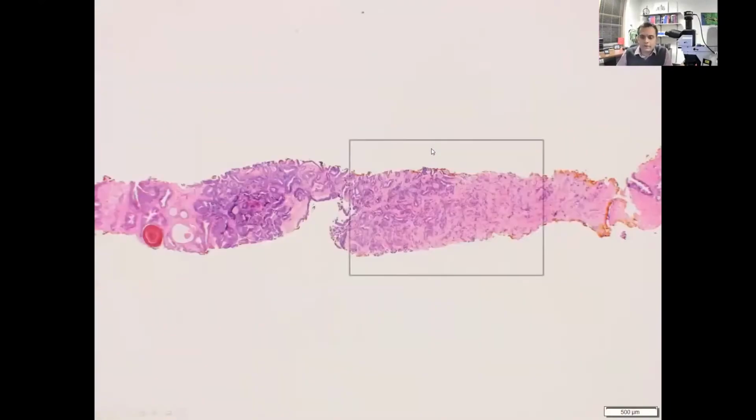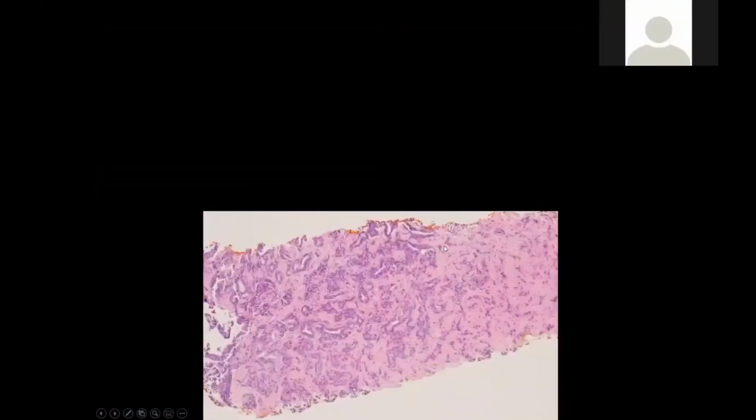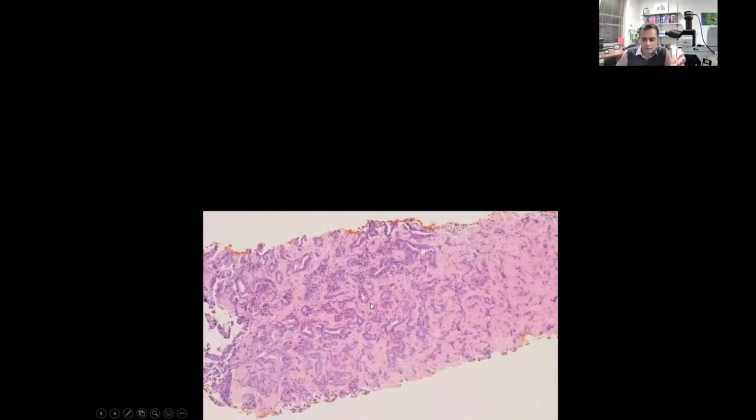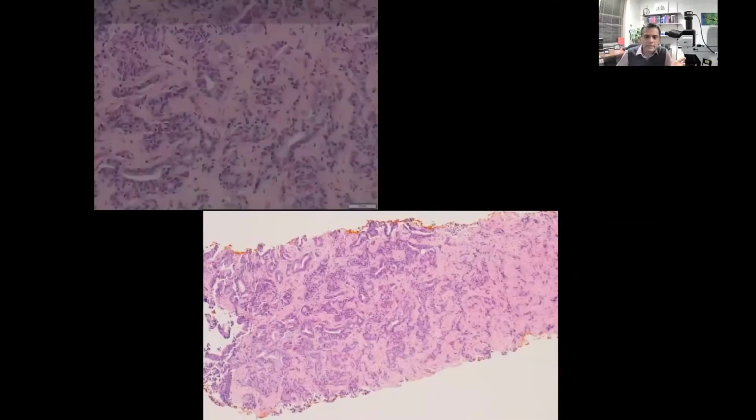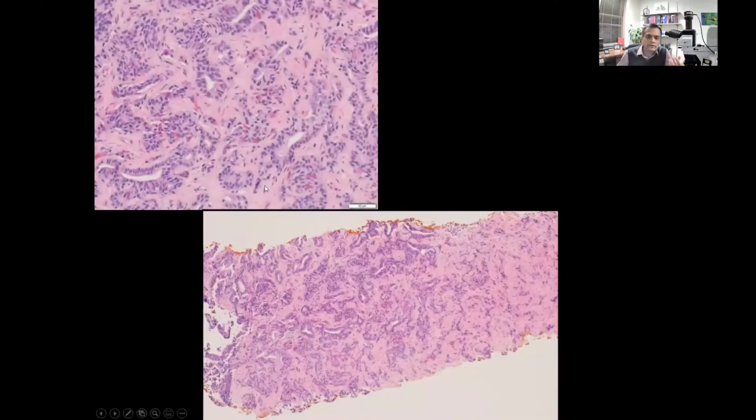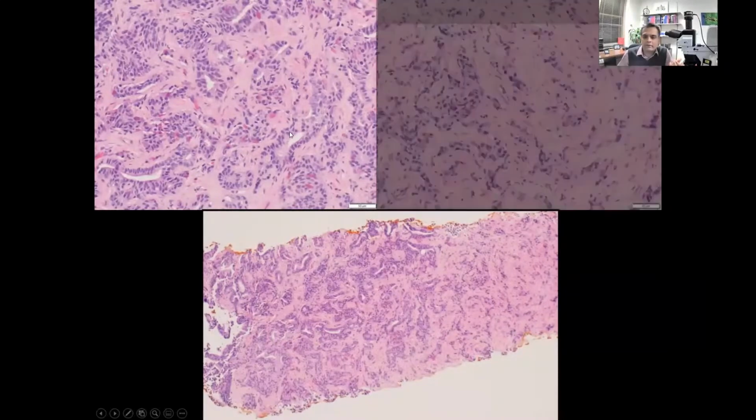And if we go to the other areas, the left side of this particular entity, we can see that there are more discrete glands here, and most of them seem to have lesser stratification than we saw on the right side. Many of them are single cell layered, and you can see this better over here.